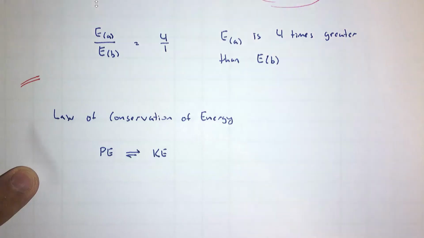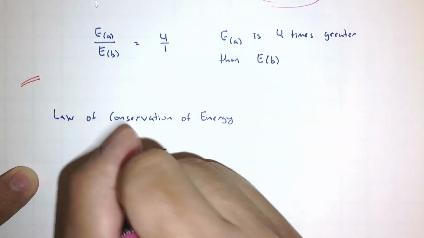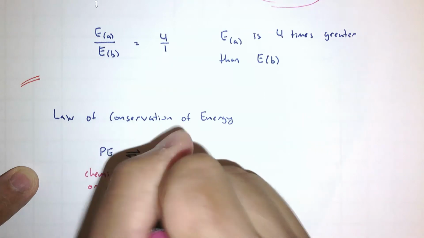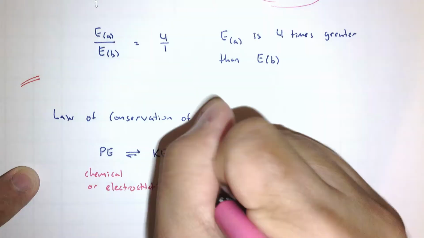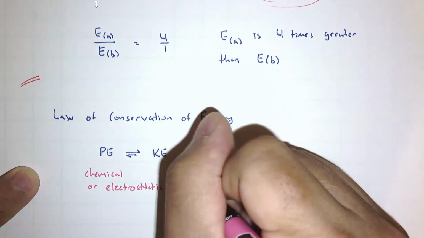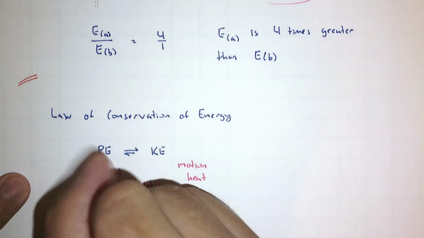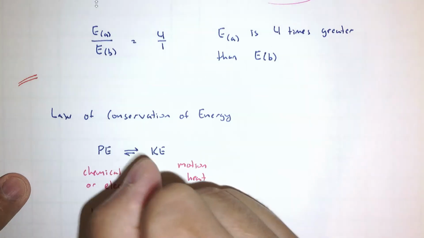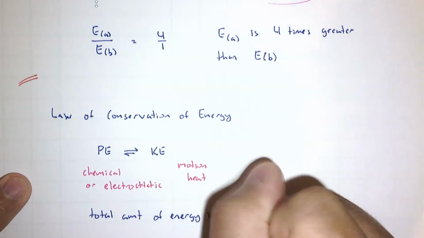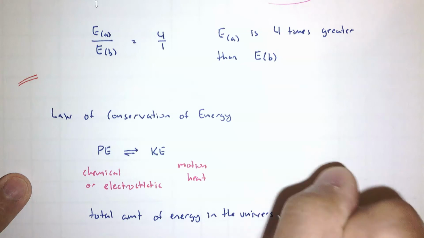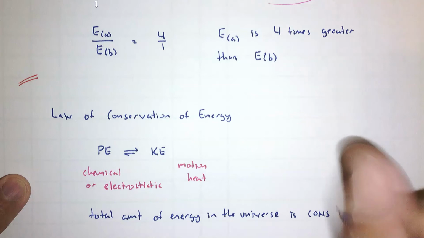And the PE, again, can be chemical or electrostatic. Okay, spelling is not great. The kinetic energy could be motion or heat, temperature. Okay. And last thing is the total amount of energy in the universe is called conserved, neither created nor destroyed.